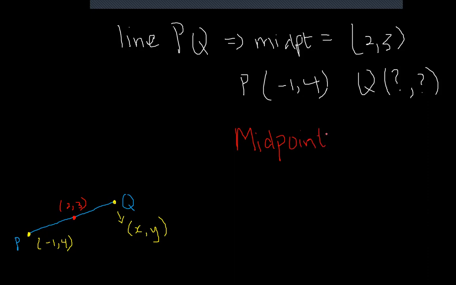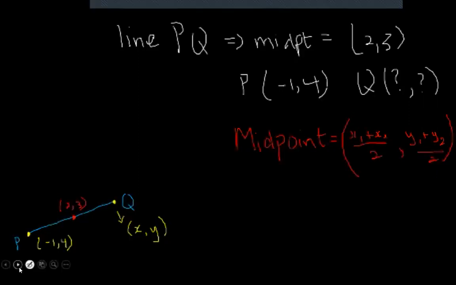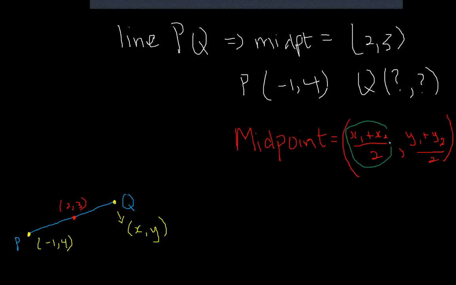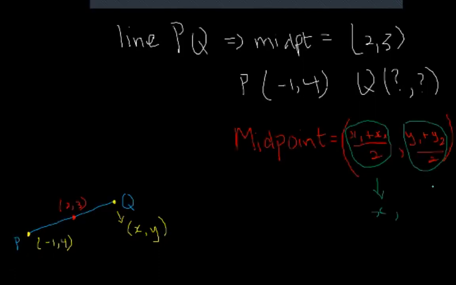It says x1 plus x2 divided by 2, comma, y1 plus y2 divided by 2. That would give me the coordinates of my midpoint, where whatever this value is would be the x coordinate of my midpoint, and whatever this value is would be the y coordinate of my midpoint.